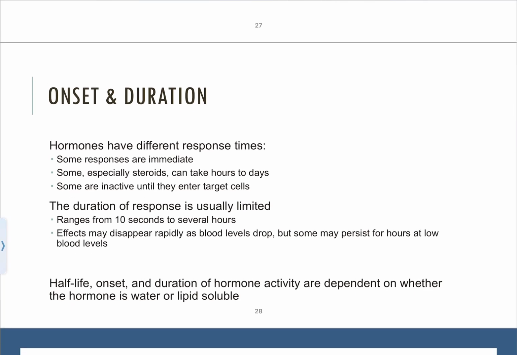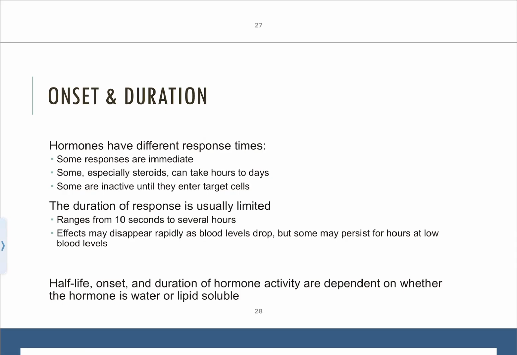Okay, onset and duration. Hormones, again, are very varied, so they have different response times. Some of them are immediate. Some, like most of our steroids, can take hours to days to have some sort of effect, and some are actually inactive until they get inside of the target cell itself. The duration of the response is usually limited, anywhere from 10 seconds to several hours, and the effects may disappear rapidly as blood levels drop.